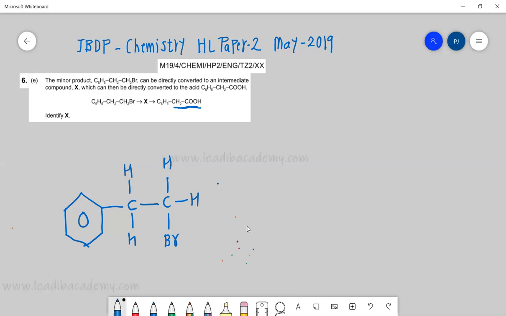Direct conversion of this halogenoalkane to an alcohol is possible. We can call this a haloalkane or halogenoalkane. If we do the hydrolysis using NaOH, we basically get a substitution.